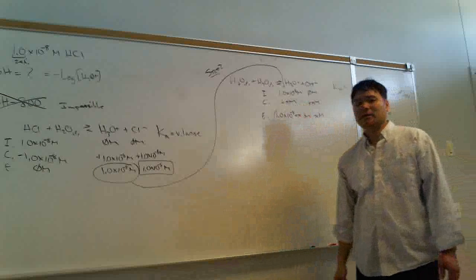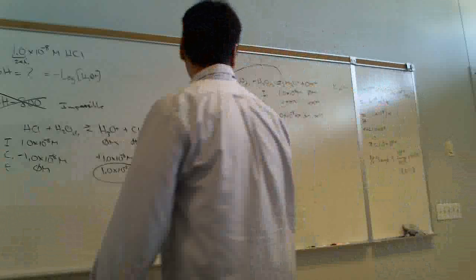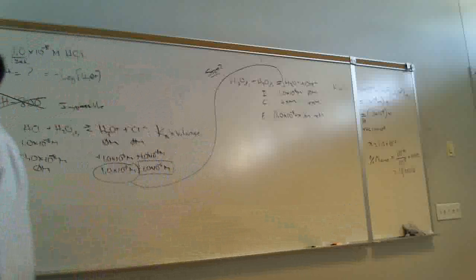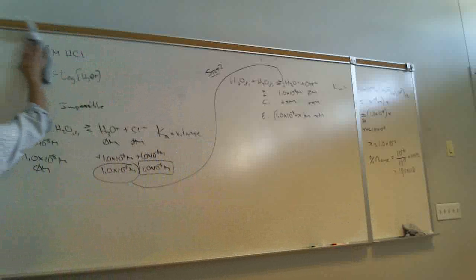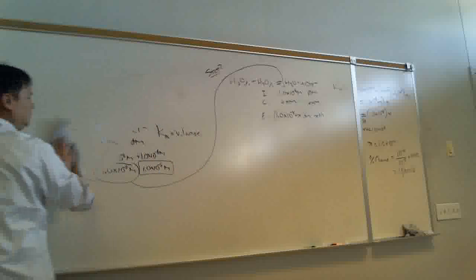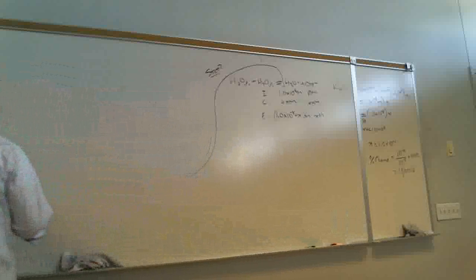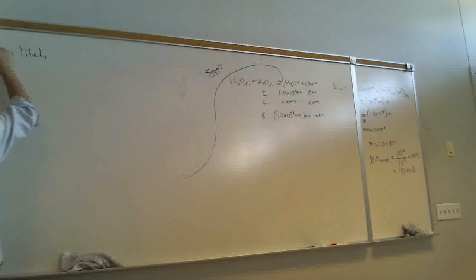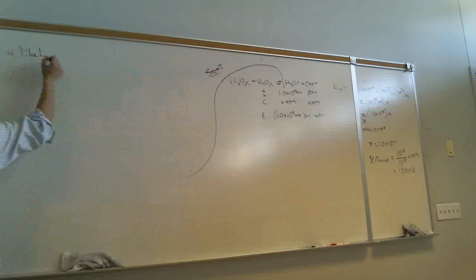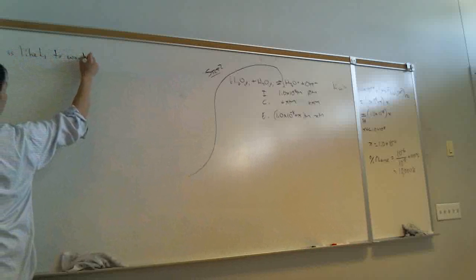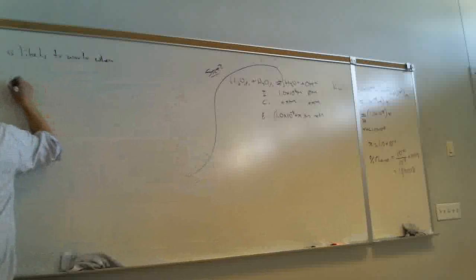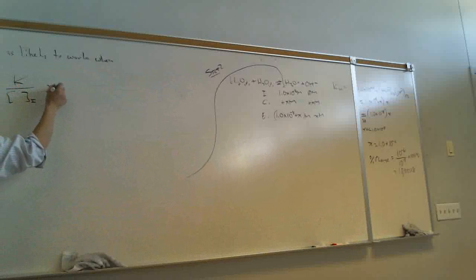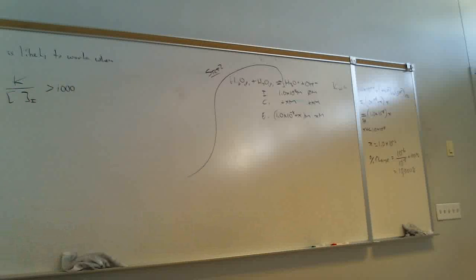And so your book says this. To get an idea of where the SA is likely to work, it's likely to work when the K to initial is greater than, say, 1,000.